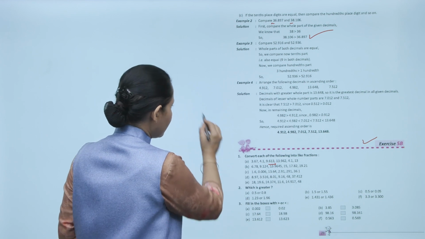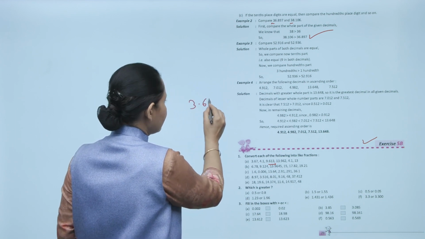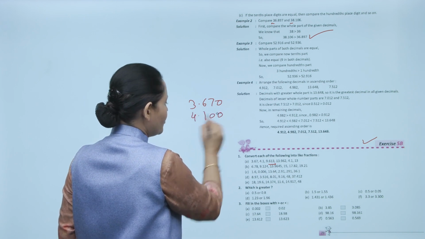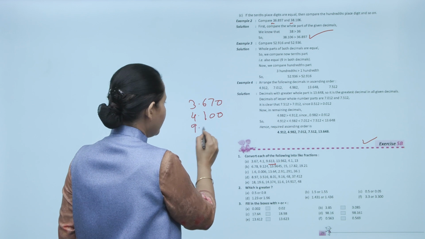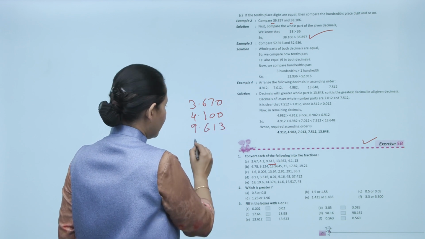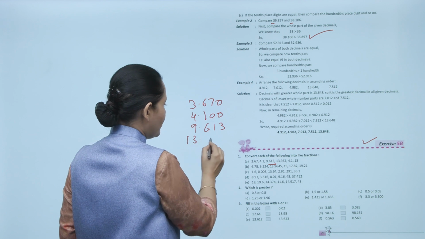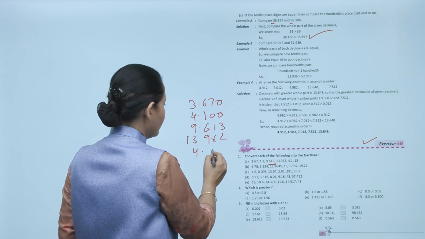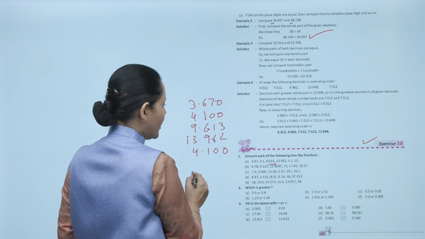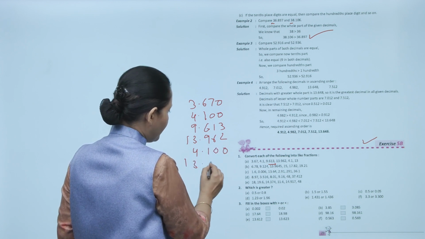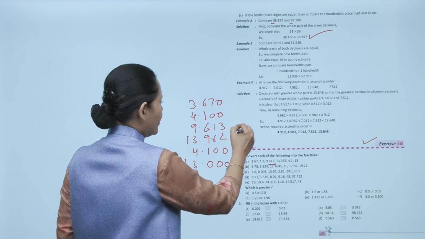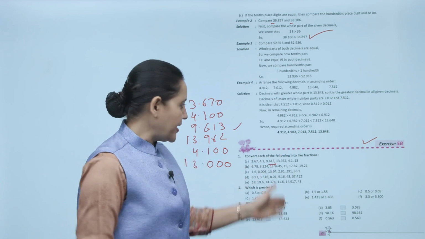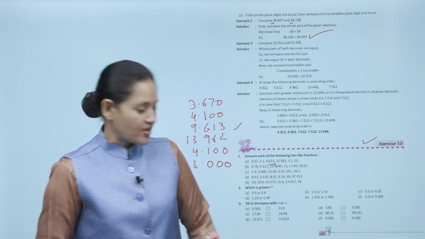So first हो जाएगा 3.670, 4.100, then 9.613, 13.962, 4.100 and then 13.000. Now they all are like decimals. Clear? So you have to practice all these questions. We'll move to the next topic.